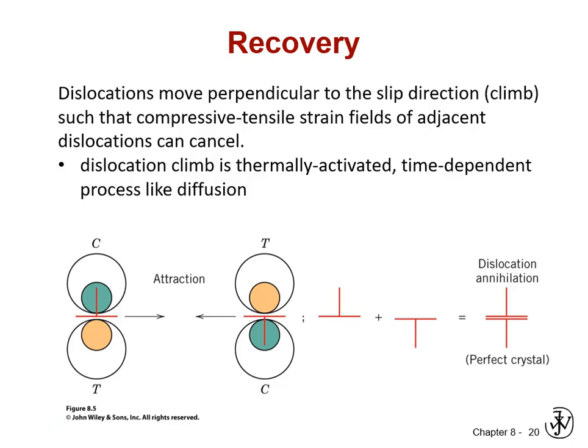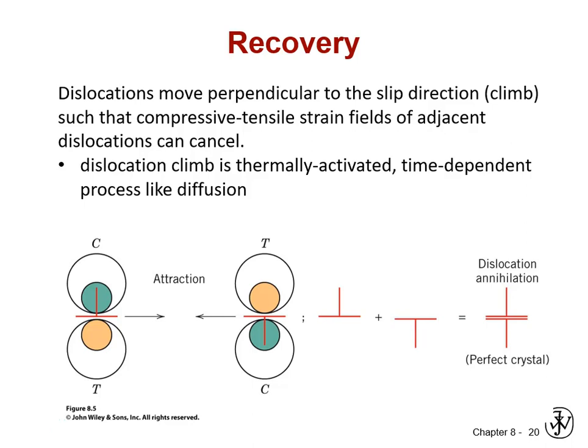The compressive strain field of one will attract the tensile strain field of another, and the two half planes will come together and actually form a perfect crystal. This is called dislocation annihilation, and you will actually completely release those strain fields and make the material easier to deform. You will lower the yield stress.